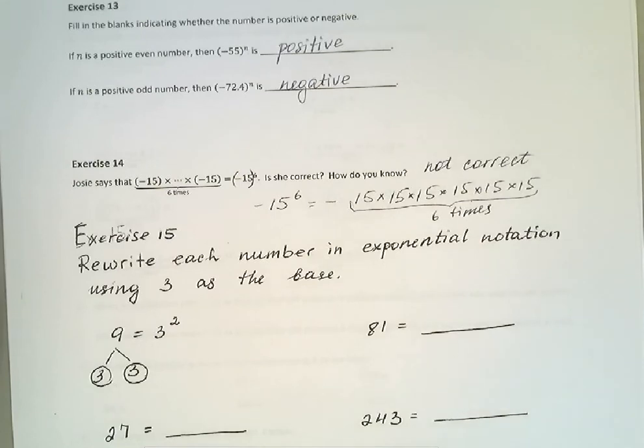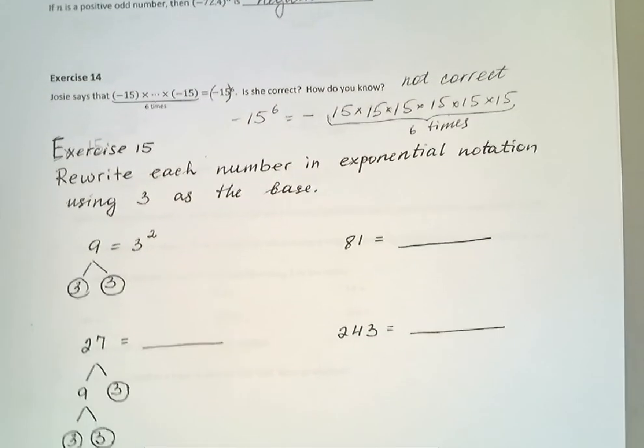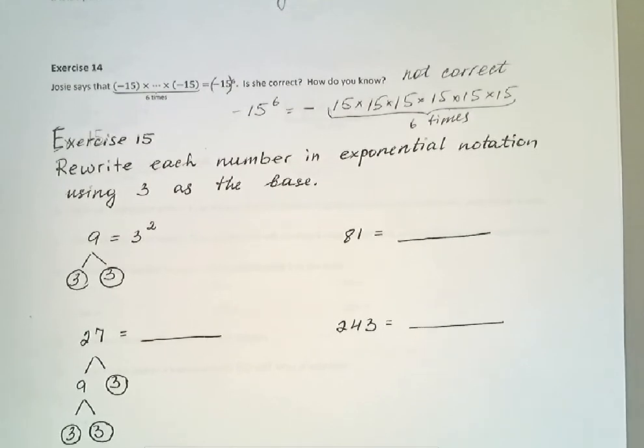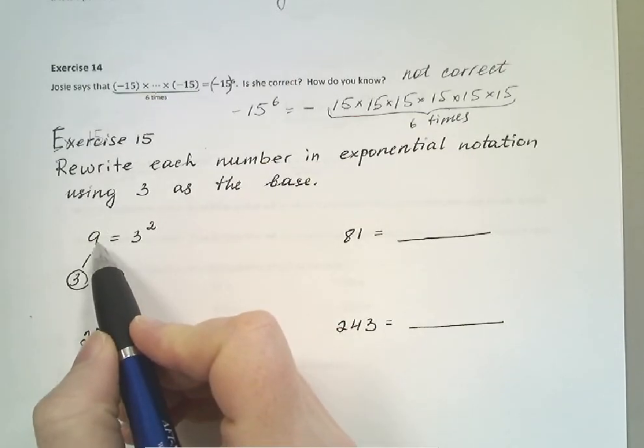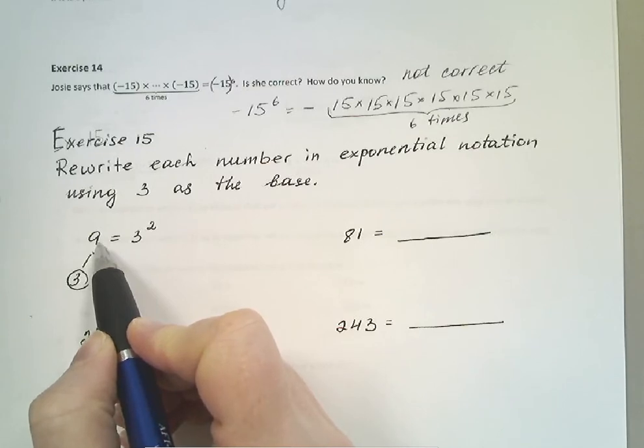All right, exercise 15. This one is a little bit different. Here we are going to try to rewrite each number in exponential notation using specific bases. What does that mean? Let's say I want to write a 9 in exponential notation using 3 as a base.